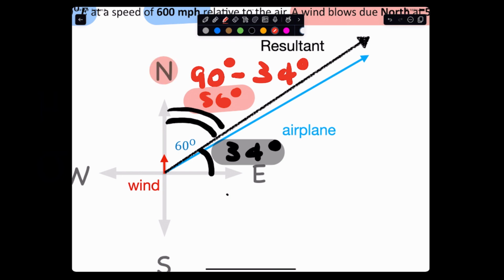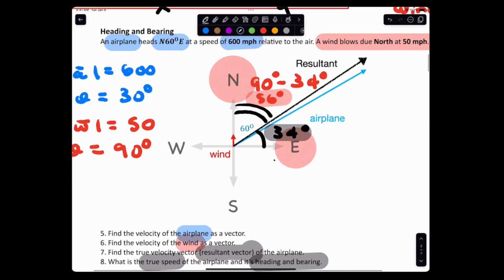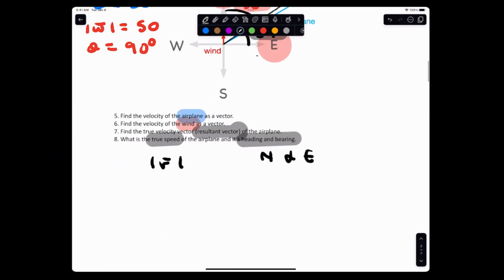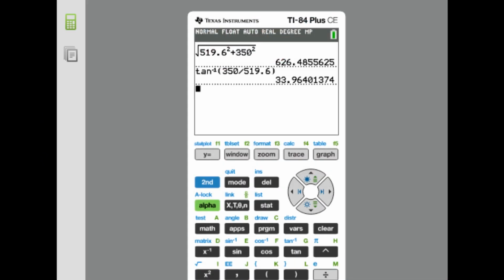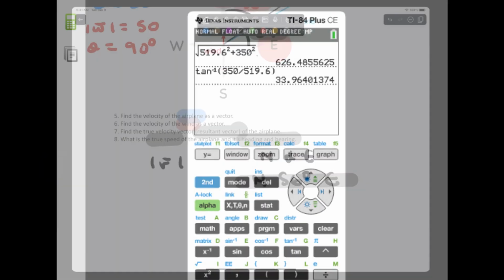And this is in the direction north what? Northeast. North 56 degrees what? East. What was the speed again? The true speed with the wind? 626.5 mph.